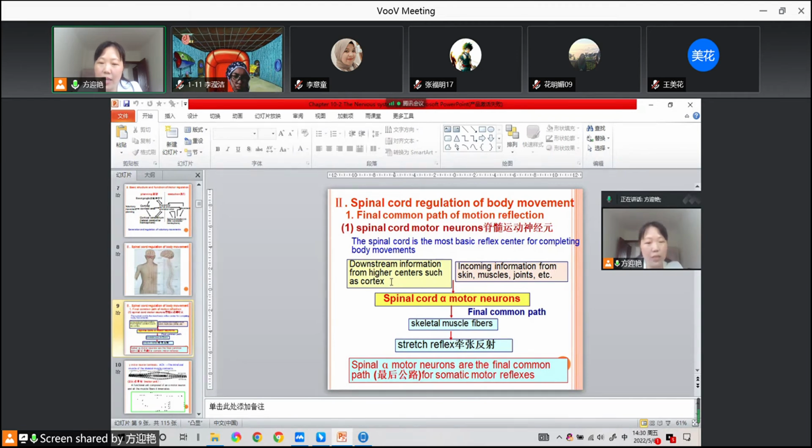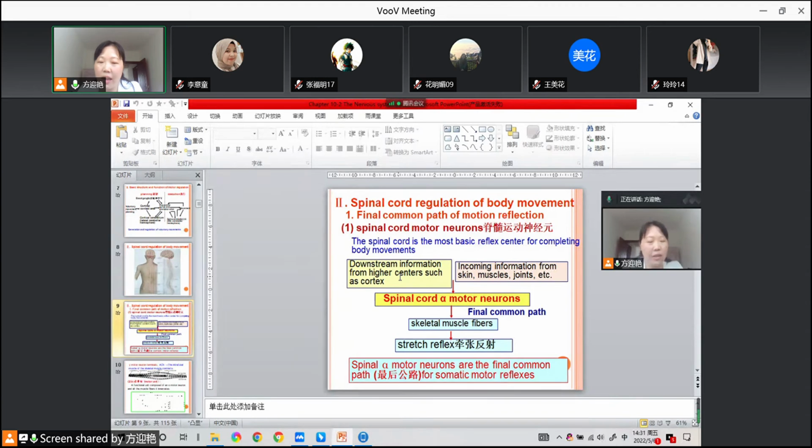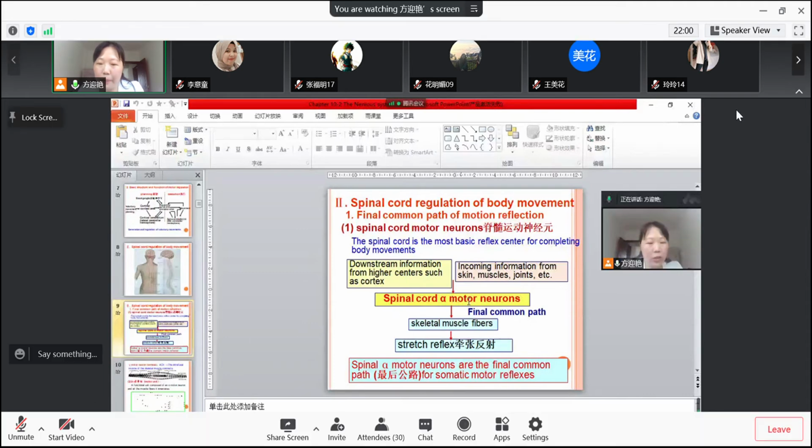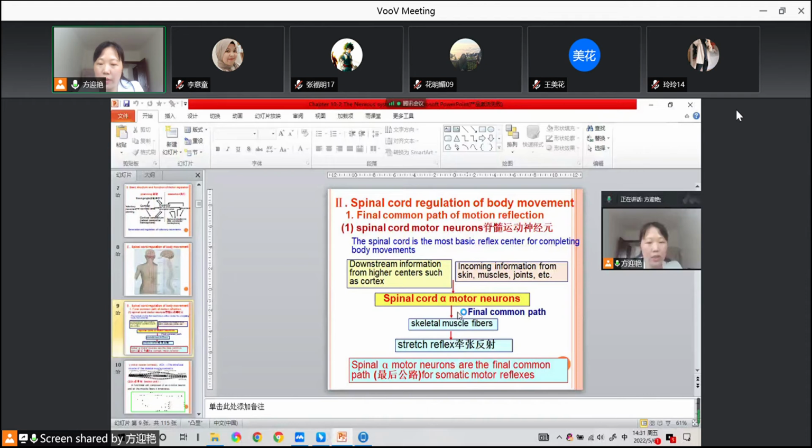It can also receive information from the higher centers such as the cortex. The alpha motor neuron is the last neuron, with efferent nerve fibers that control the effector, like the skeletal muscle, leading to contraction or relaxation.